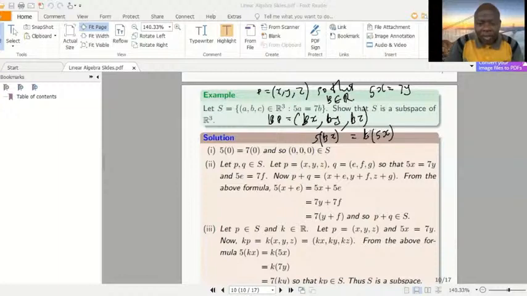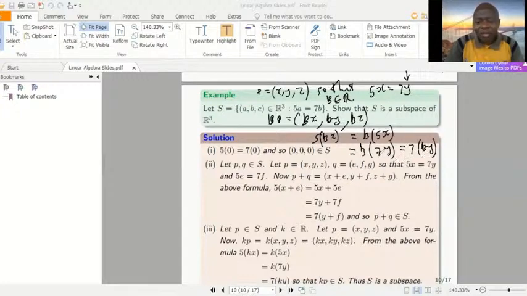Now look what I've written here. I've said that 5 times beta x would be beta times 5x. But I know what 5x is. It is 7y. So this is beta multiplied by 7y. And of course, if I use again associativity and commutativity at the same time, this will be 7 multiplied by beta y.